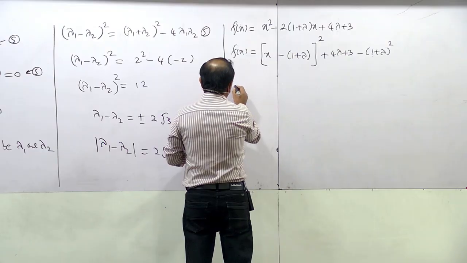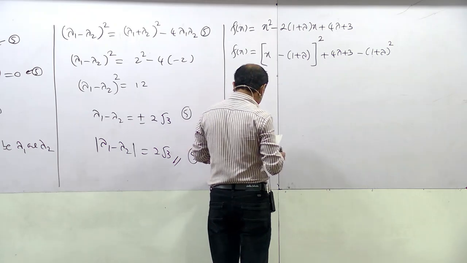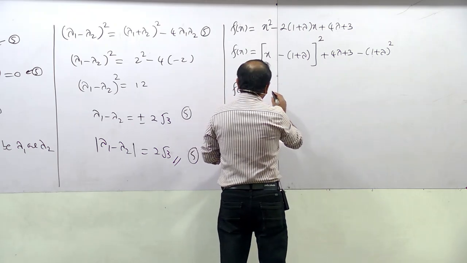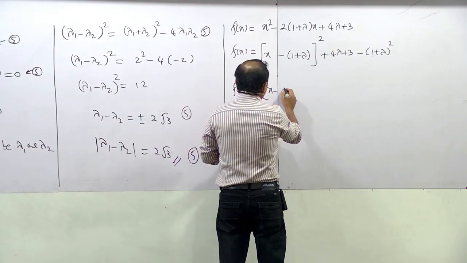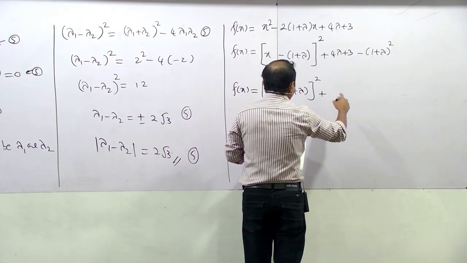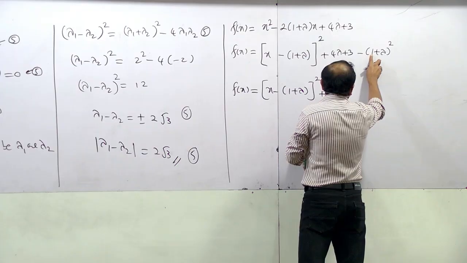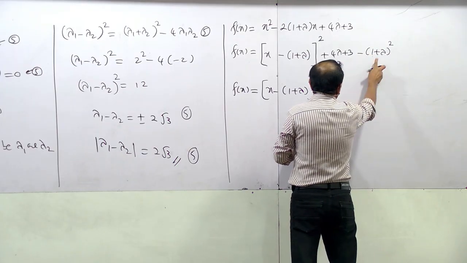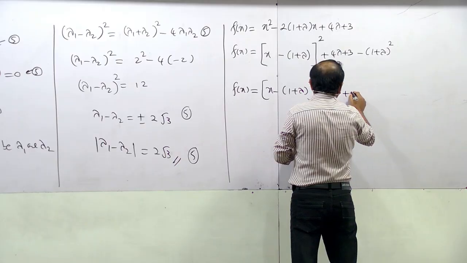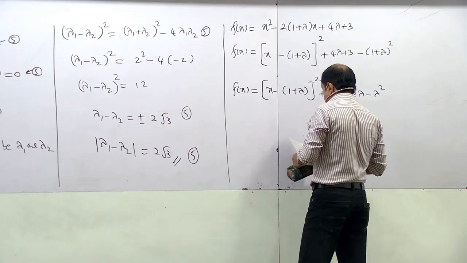We get fx equals x minus 1 plus lambda perfect squared. When you simplify here, we get minus 1, then 2, here minus 2 lambda plus 2 lambda minus lambda squared. We get like this. Okay.